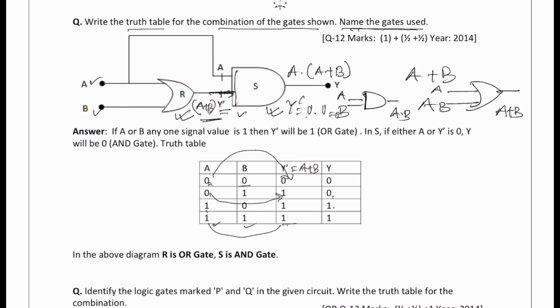Okay, so the output is such that if both are low or one of them is low, correct, then the output is low. If A and Y dash, if you see this combination, let's understand this characteristic.